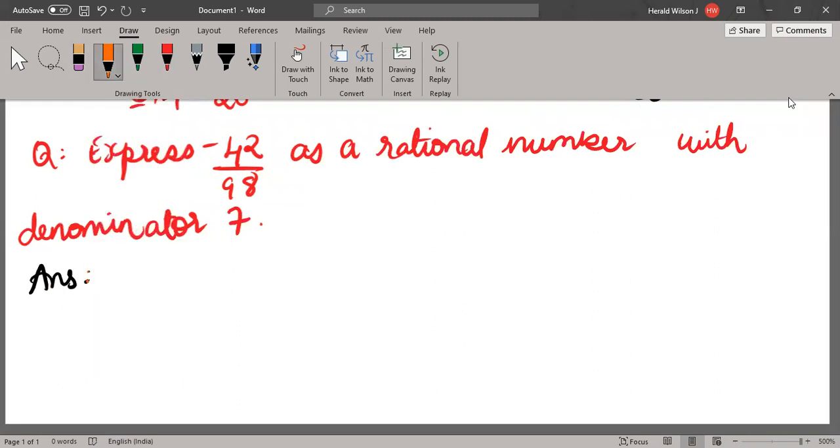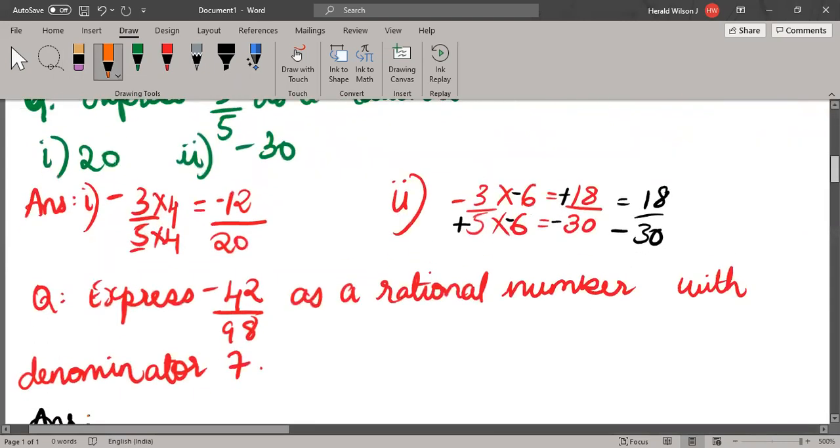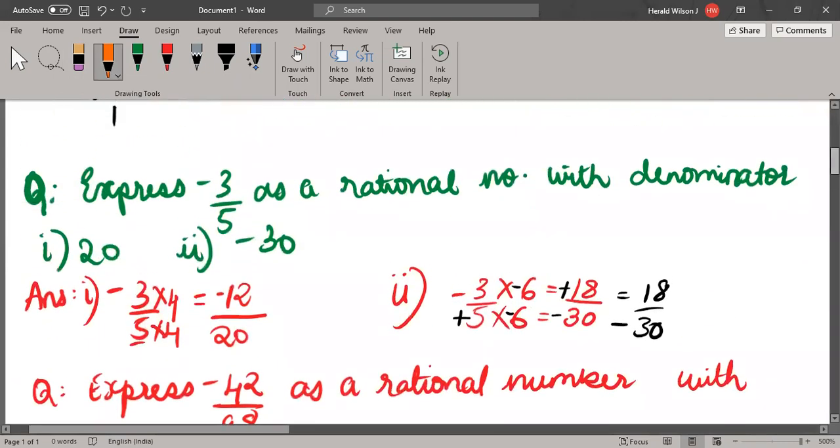See, in the previous question, we had to, let me just go up. Yeah. In the previous question, we had to multiply the numerator and denominator of both the numbers. I mean, in the two questions, we need to multiply the numerator and denominator with some number to attain our denominator as 20 and here minus 30 also.